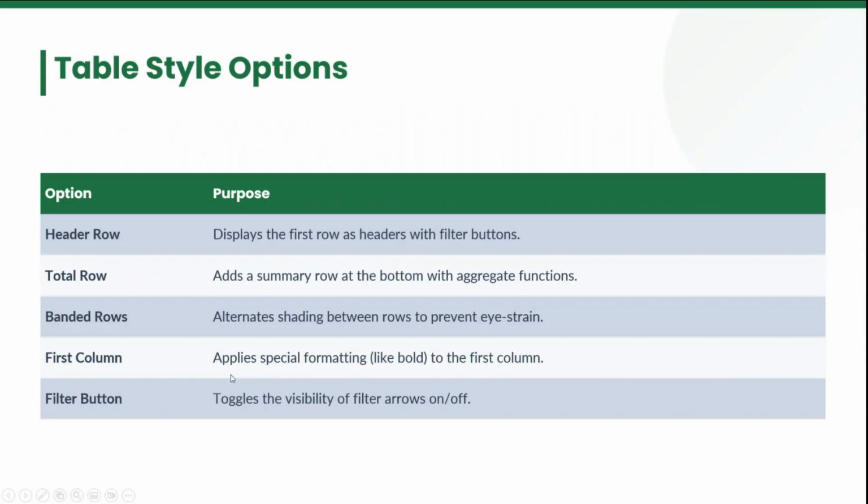Then you have a first column, which applies special formatting like bold to the first column. So it's quite an important column. Then you also have a filter button toggle, which is used to toggle the visibility of filter arrows on and off. So if you wanted to filter something, you can switch it on and off.